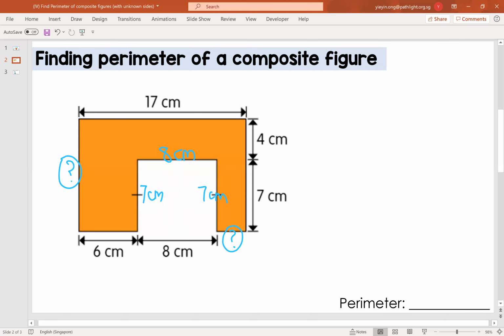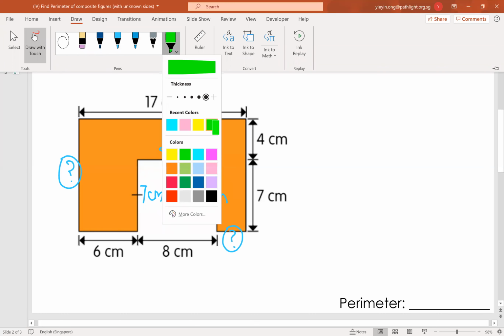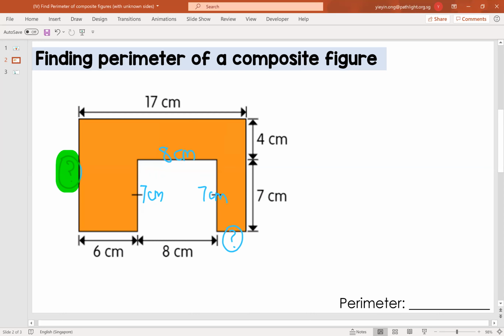So let's take a look at the question mark on the left, the one highlighted in green. You can see that for this side, this question mark, it corresponds across to the right side, which is this 4 cm part and the 7 cm part.